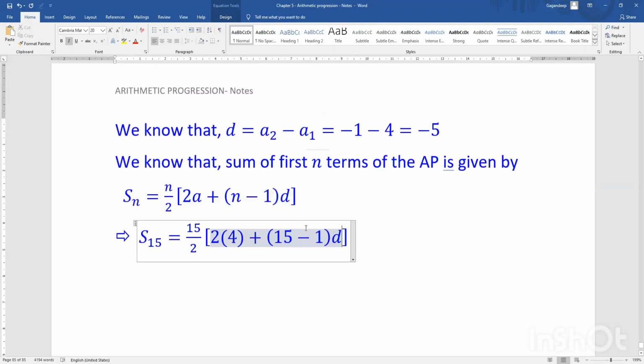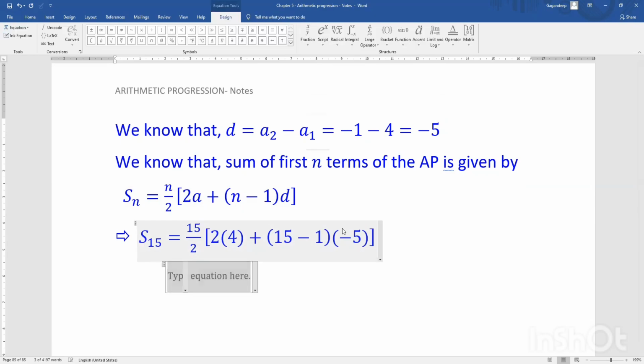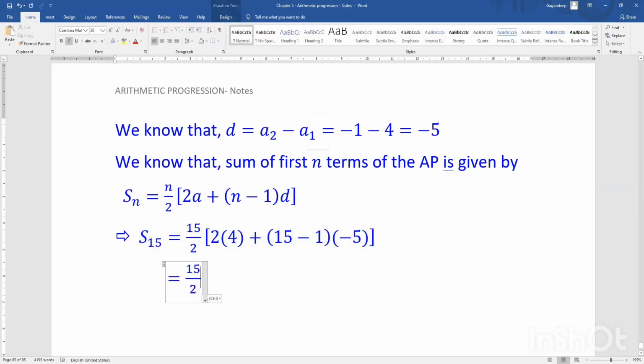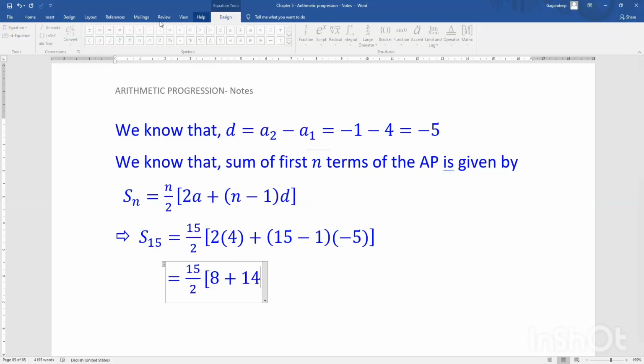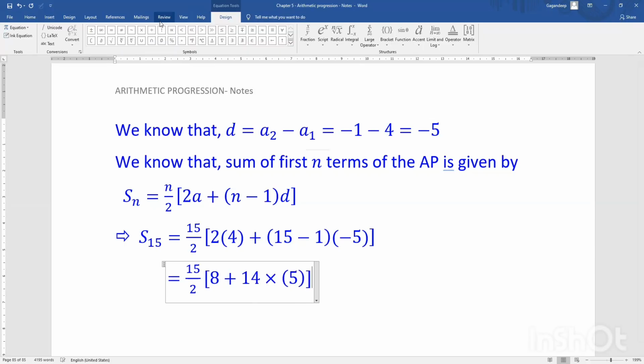So we have d as minus 5. So that equals 15 by 2, and then 2 fours is 8 plus 15 minus 1 is 14. 14 into minus 5. Bracket close.